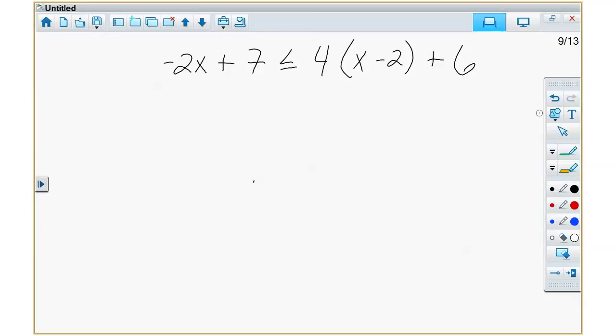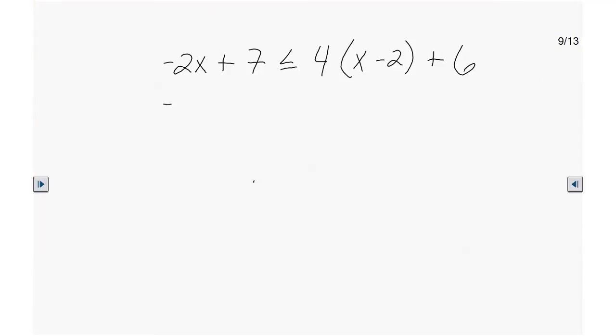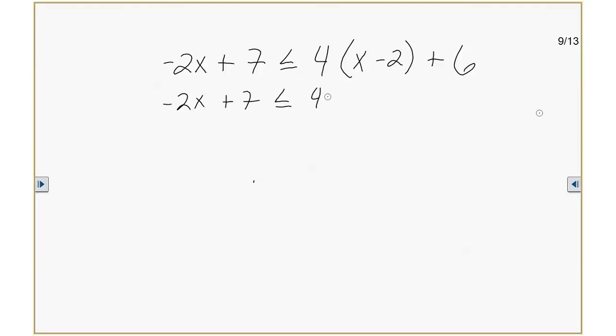Okay, remember your smallest bucket. Negative 2x plus 7 less than or equal to 4x minus 8 plus 6.